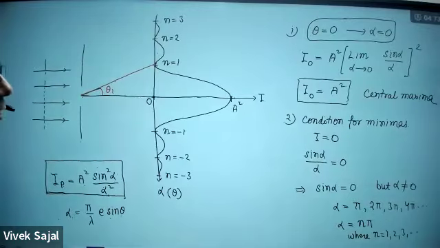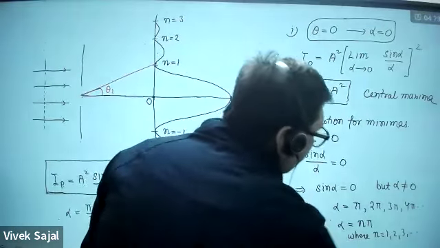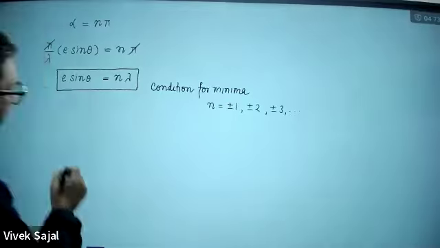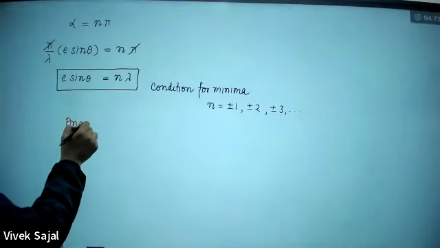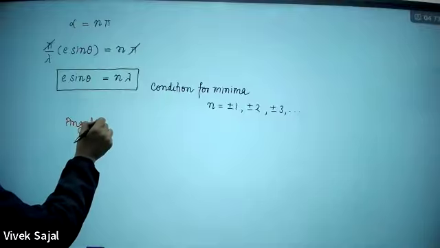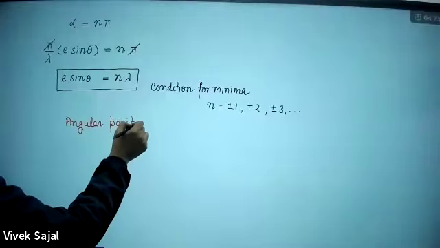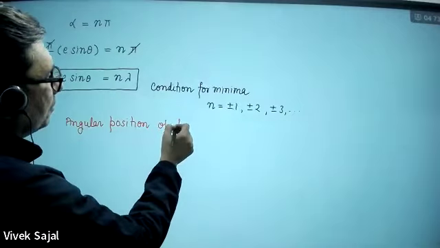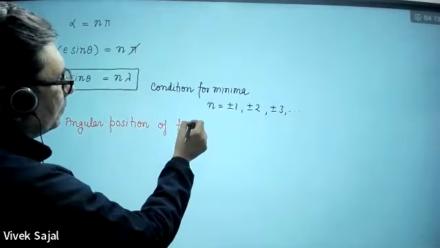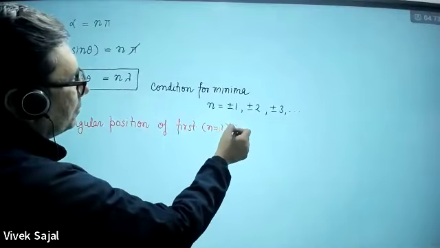So if they ask you what will be the angular position of first order minima, what will it be? Angular position of first minima. First means n equal to 1 minima.